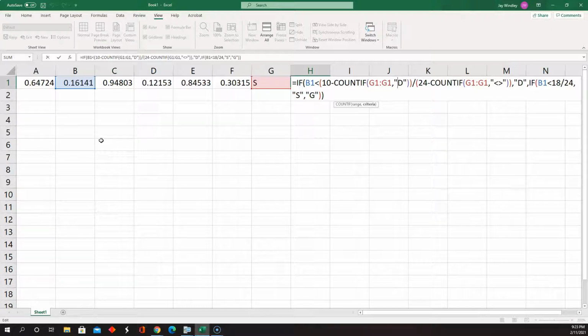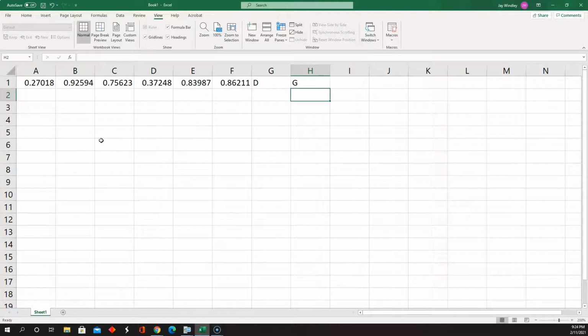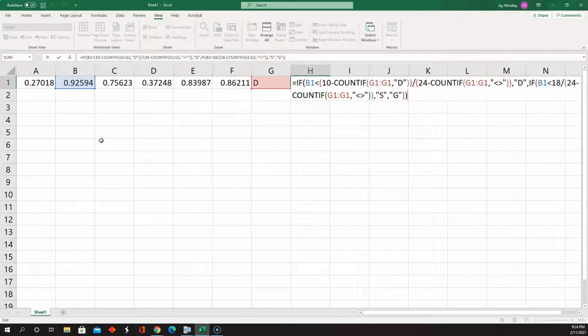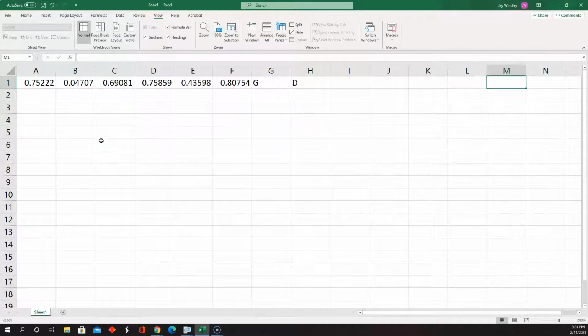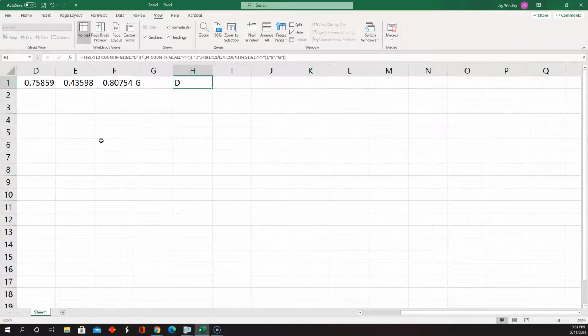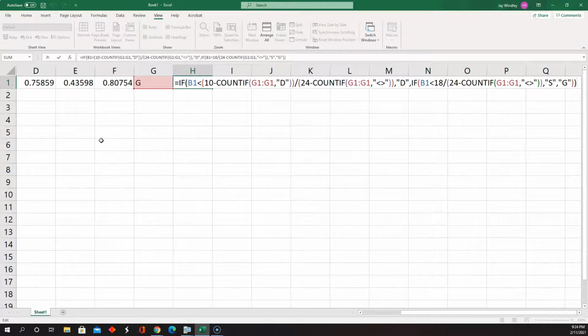And then we need to do both of those things similarly in the other if statements. So instead of just dividing by 24, we're going to divide by this quantity here, 24 minus the COUNTIF. And instead of just doing 18 over 23, we need to reduce that 18 in 2 ways.